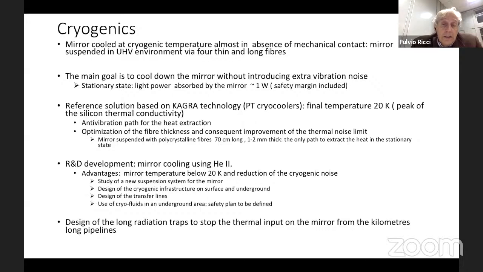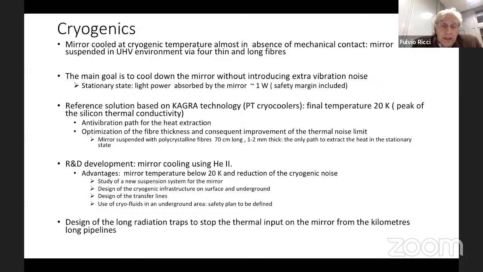The alternative system to PT cryocoolers is to use cryogenic fluids. There is an effort to develop a system based on the use of helium-2. There are a lot of advantages if we are using superfluid helium.